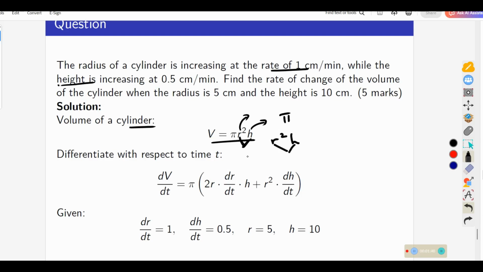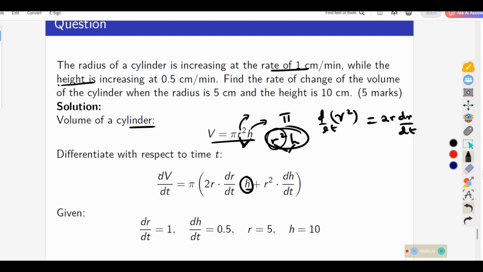So we shall maintain h, then differentiate r squared with respect to time, and you will get 2r dr/dt. Then plus, maintain r squared constant, then differentiate h with respect to time, and that will be r squared times dh/dt.